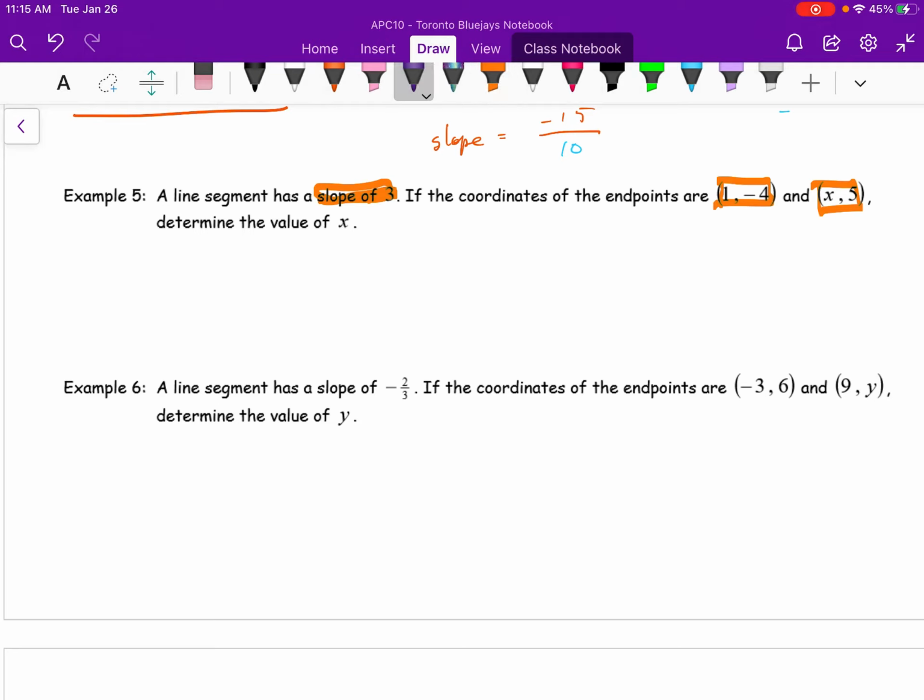First things first, I'm going to write down slope is equal to YA minus YB divided by XA minus XB. And now I'm just going to simply call this A and this B. This is XA, this is YA, this is XB, this is YB. And I'm just going to plug this in.